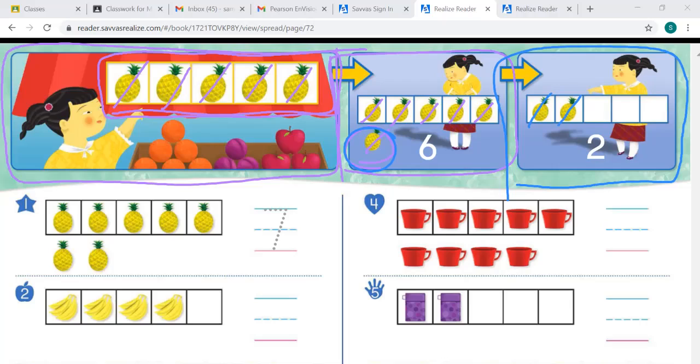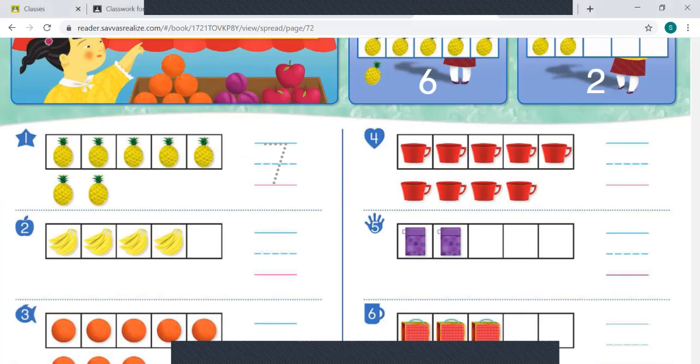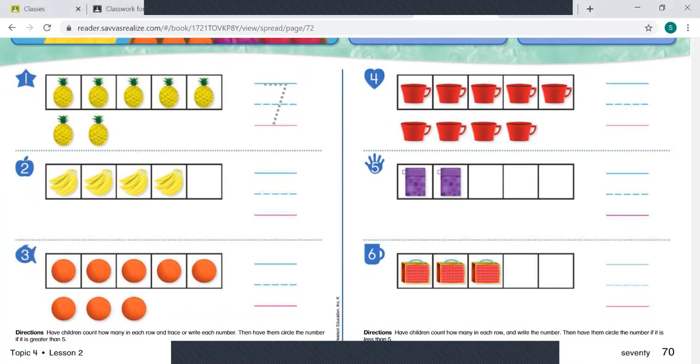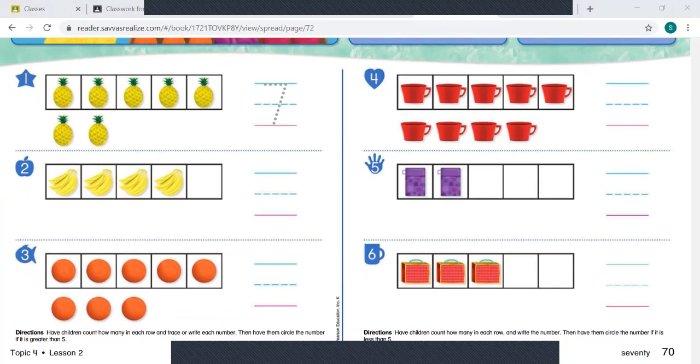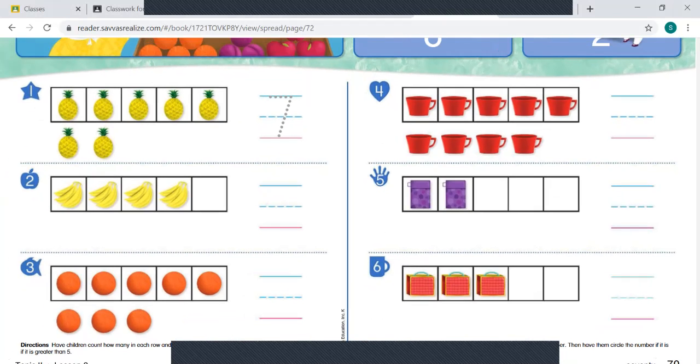Because there are empty squares in this 5 frame. All right, let us look at the first problem over here. Now, it's okay if you don't have this sheet because we are explaining it and going over it together.